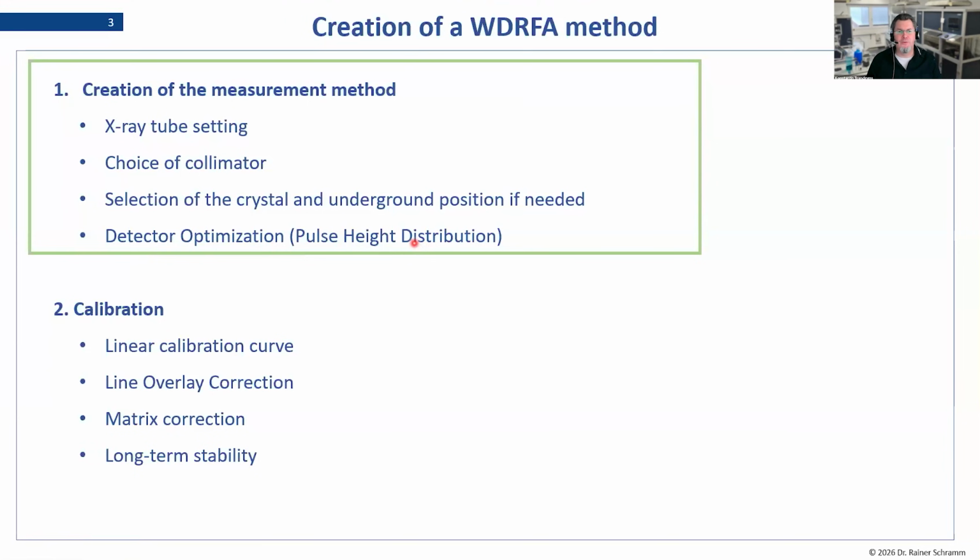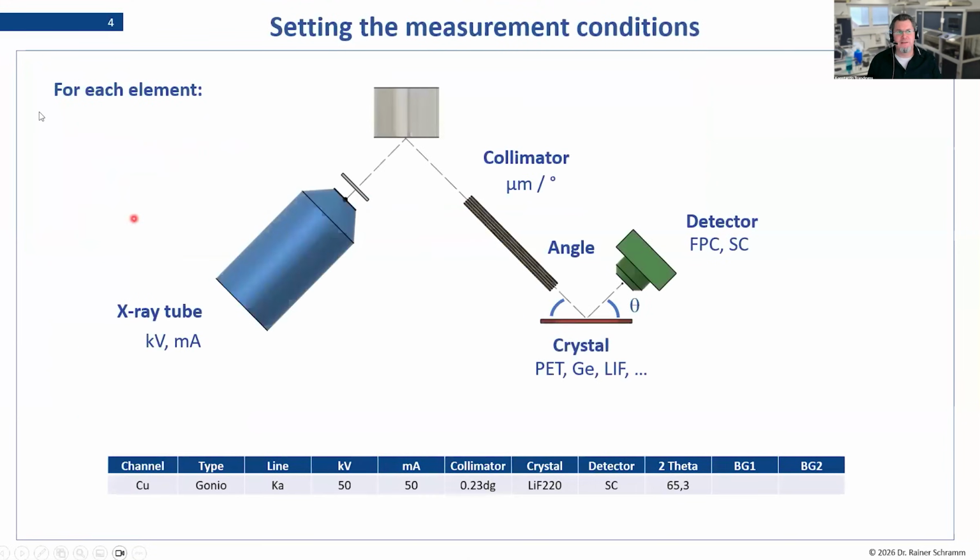So to summarize it, for each element that we want to analyze, so for each analyte, we need to find a tube setting for the excitation. We then have to decide the goniometer settings, the whole part on the right of our sample. This is our sample here. The part on the right, the whole assembly, is usually called the goniometer.